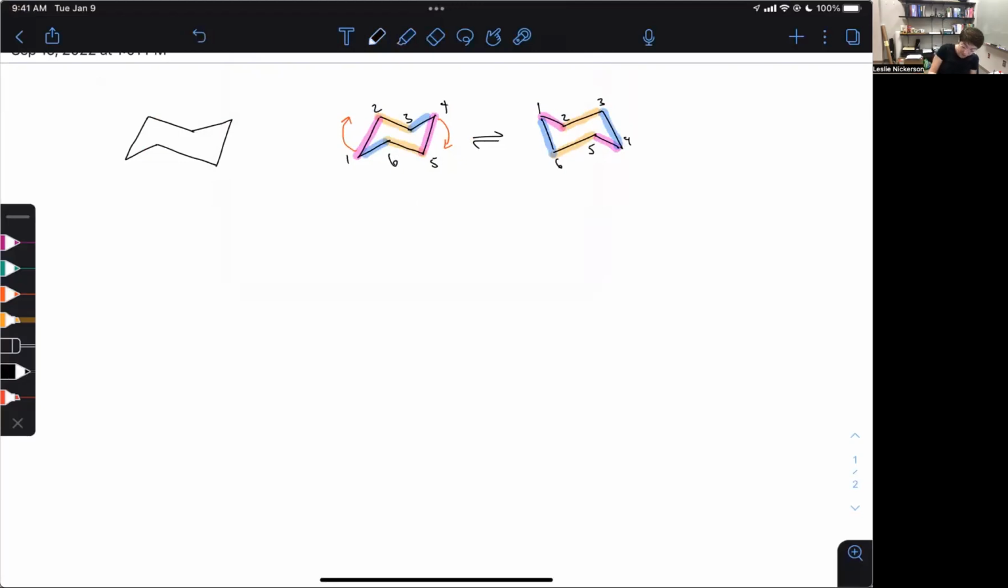For axial positions, if I've got my chair here, I'm going to look for the straight up and down. These are always straight up and down.